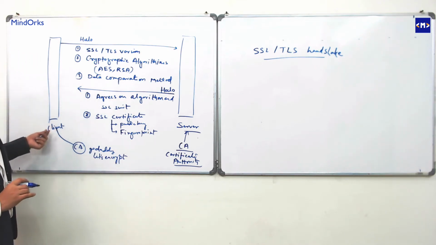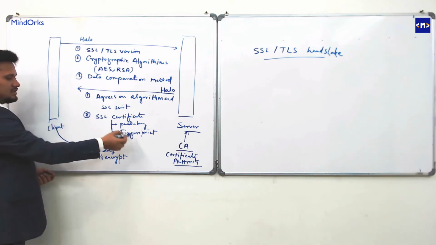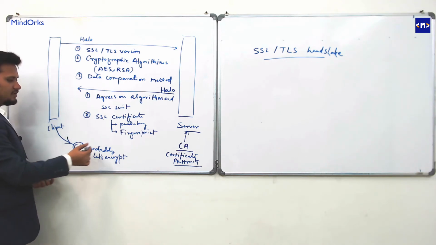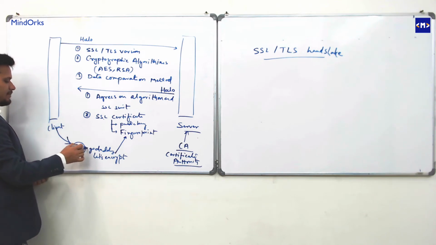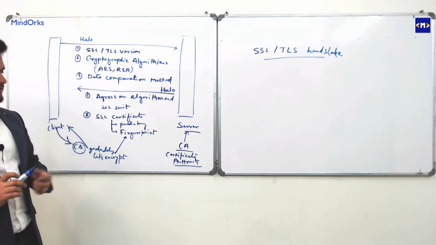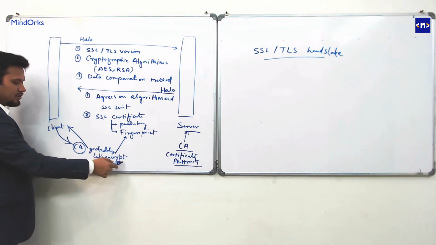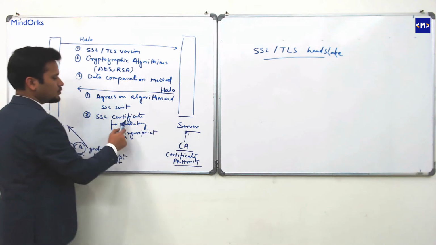So I have these CAs. I will send the certificate to the CAs and the CAs will verify the fingerprint, and reply back to the client that yes, I have issued this certificate and this is valid. So we are relying on these CAs to say who the server is.